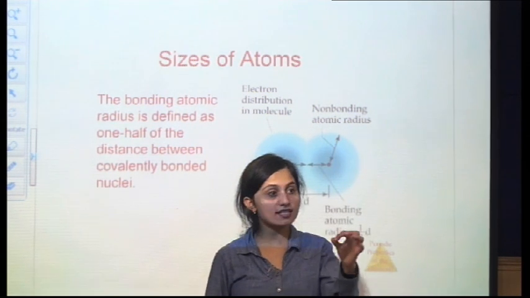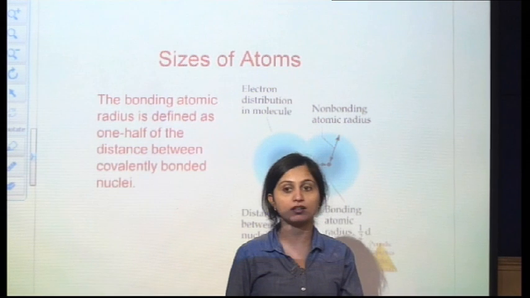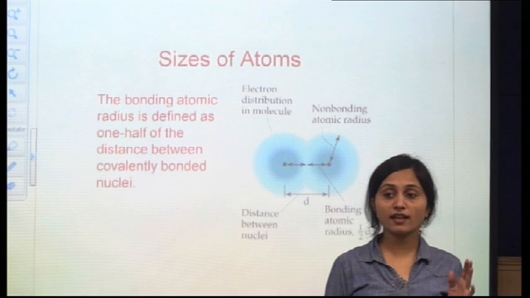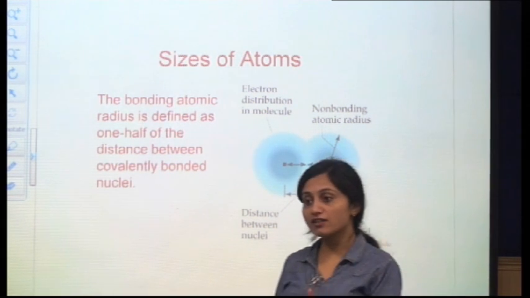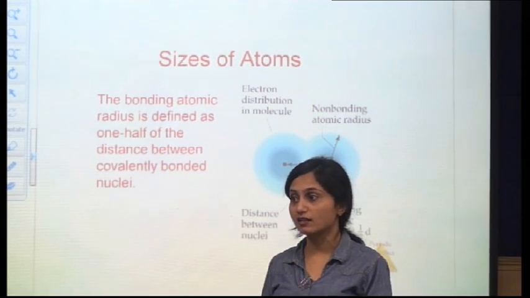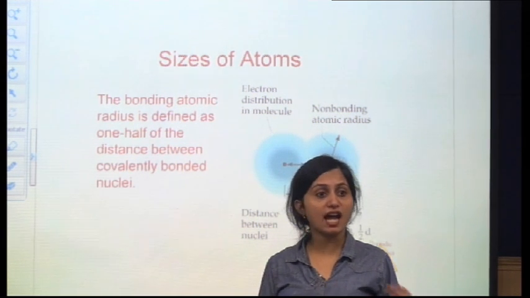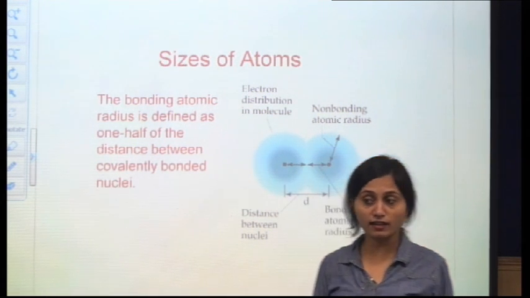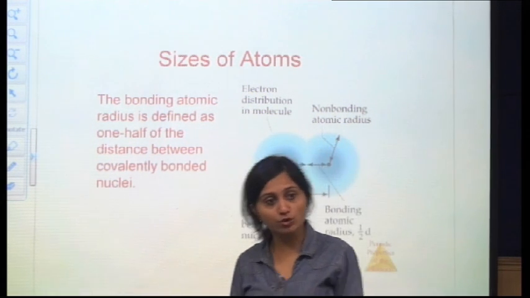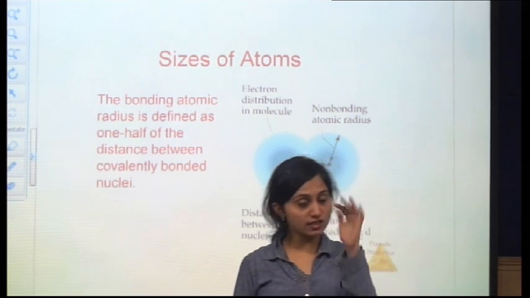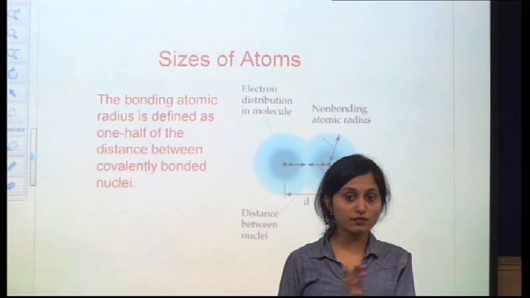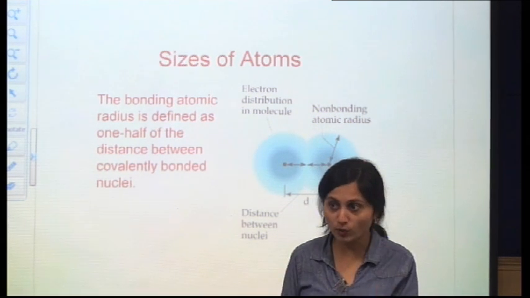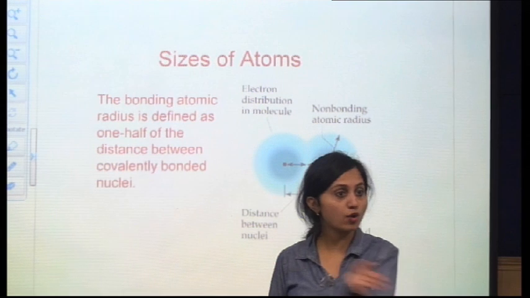Okay, this is the main funda of this chapter, that you have to remember that on going from top to bottom, atomic size and related properties will only increase. All the rest of the properties like ionization energy, electronegativity, electron affinity, whatever you talk about, will all decrease on going down the group and increase on going from left to right.